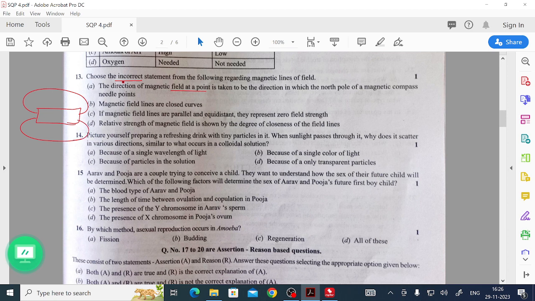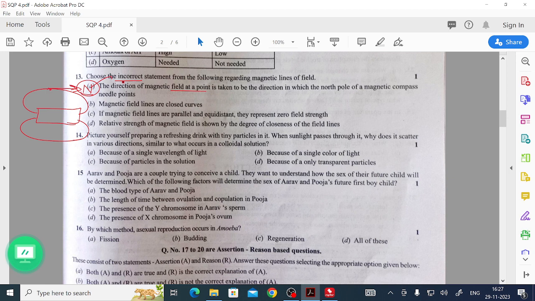Suppose it is pointing like this, the direction in which the north pole of the magnetic compass needle shows represents the north pole of that. So this statement is true. Now go to the B option.